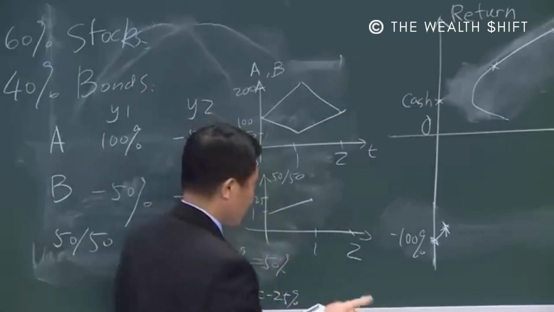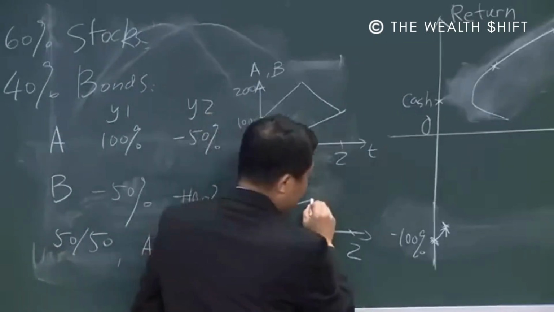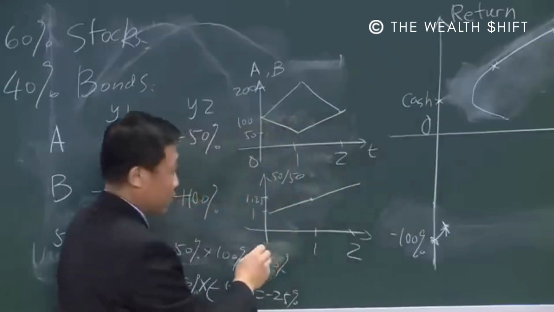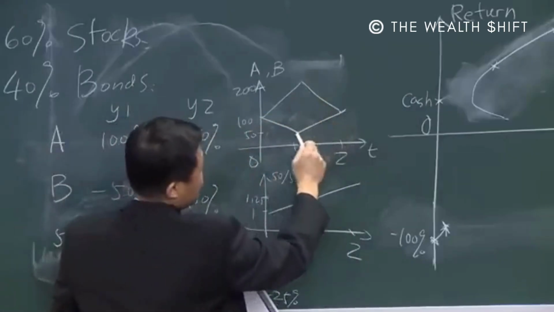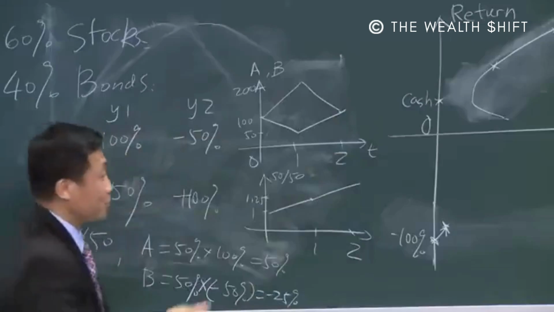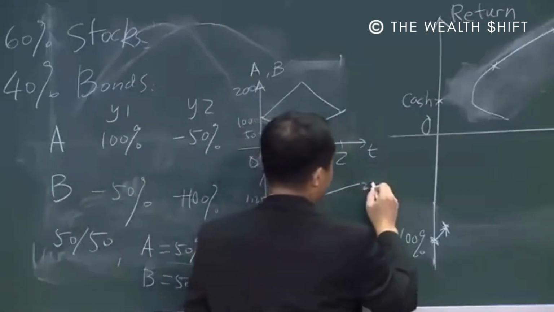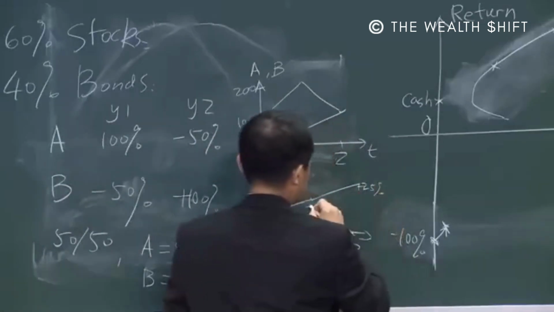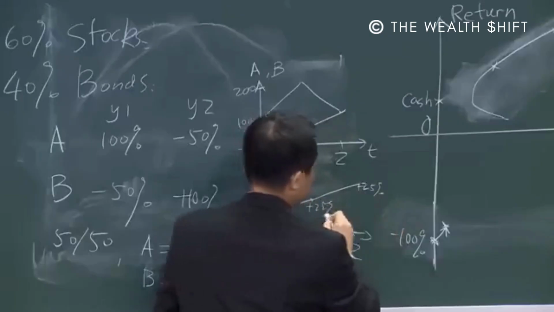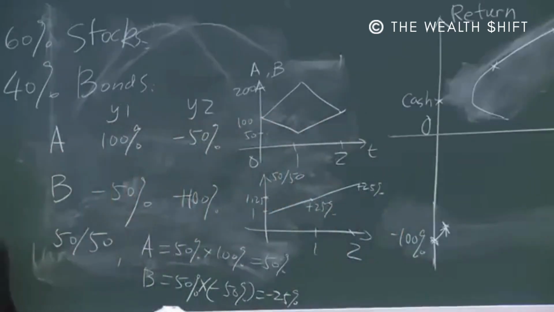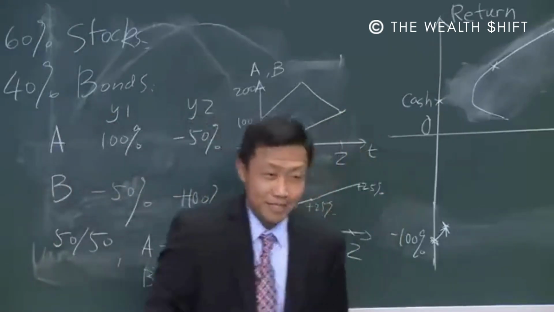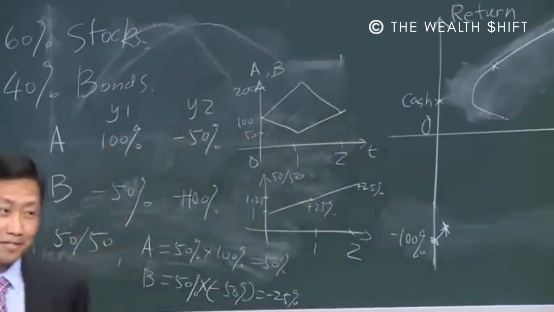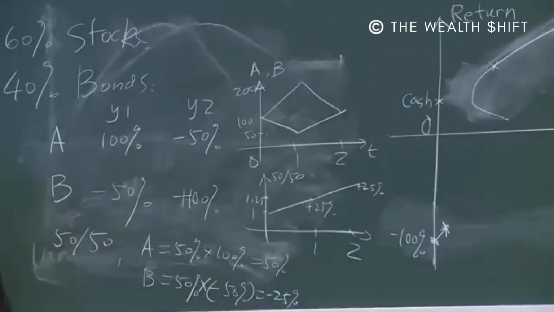Again, you can figure out the math. But what happens in the following year, when A comes back 50% and B goes up 100%? You return another 25% positively without volatility. So you have a straight line. You can keep going. So this two-year example is the so-called diversification benefit.